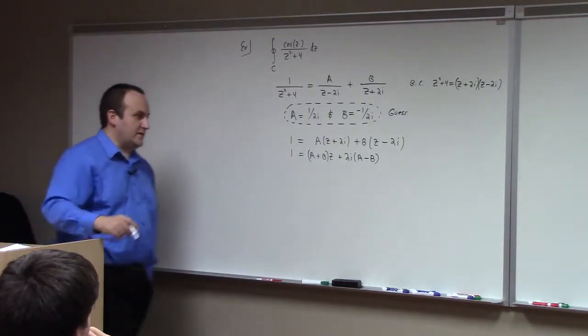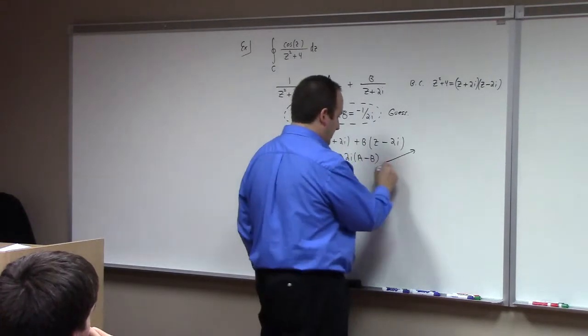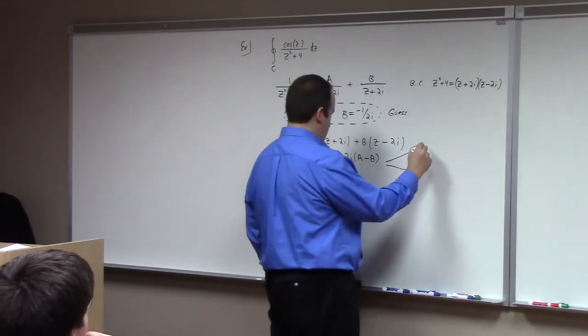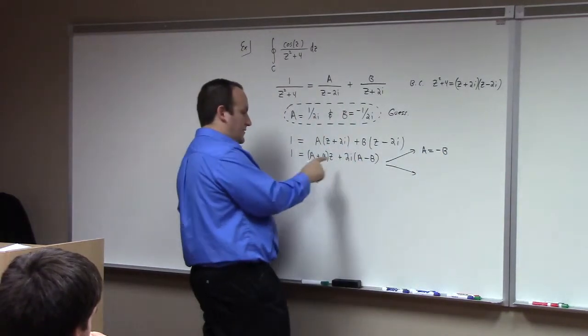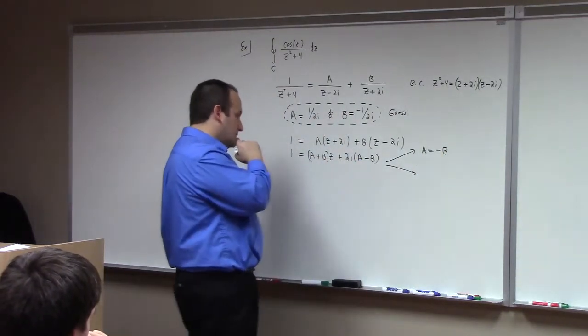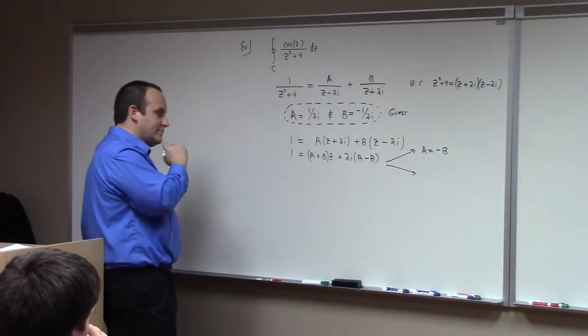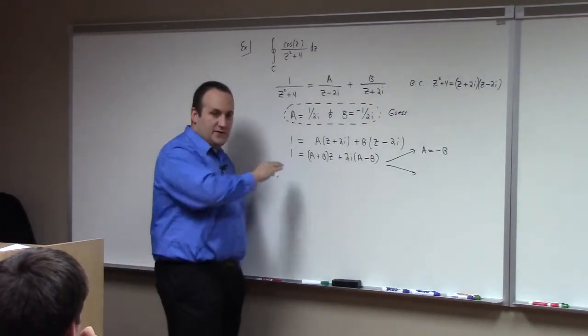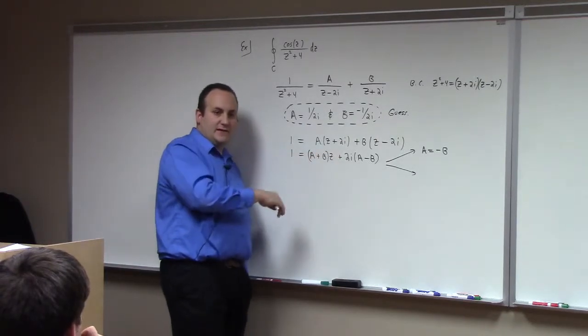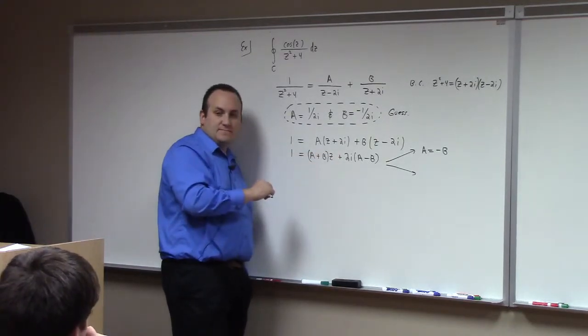So this gives us two equations, right? We get a is equal to minus b, and we get what? How did I get a minus b, by the way? If you differentiate this equation with respect to z, you get a plus b equals 0.